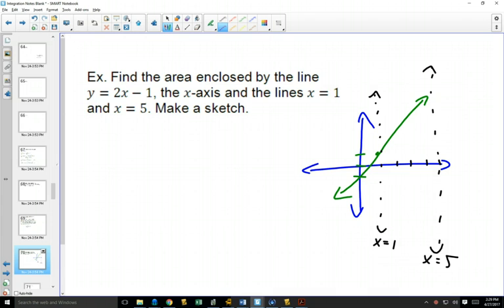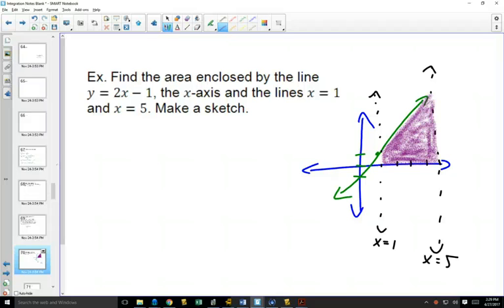Let's go purple. This is the area that we've been asked to find. So we notice that the entire thing is above the x-axis.